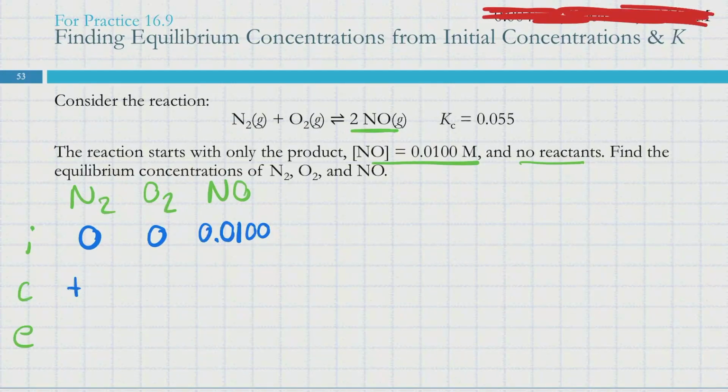We're going to be gaining one equivalent of each of our reactants, our N2 and our O2, and we're going to be losing two equivalents of our NO, minus 2x. The 2 because of the 2 coefficient. So then our equilibrium values are x, x, and 0.0100 minus 2x.